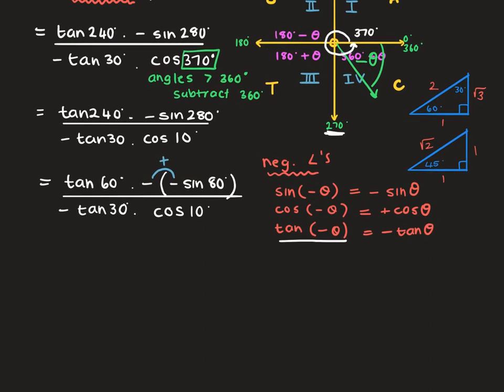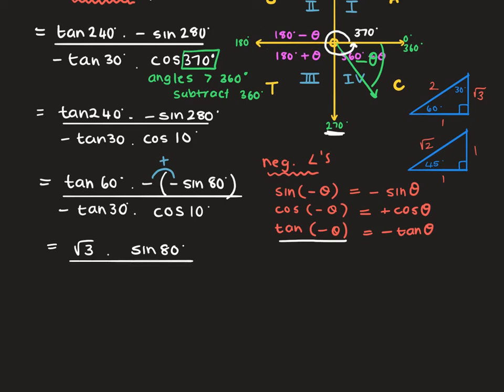All right, let's wrap this up. Tan of 60, opposite over adjacent, so tan of 60 is root 3, times positive sine 80. Remember now that 80 degrees is not from my special triangles, correct?